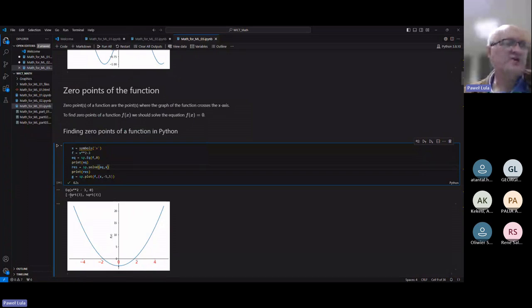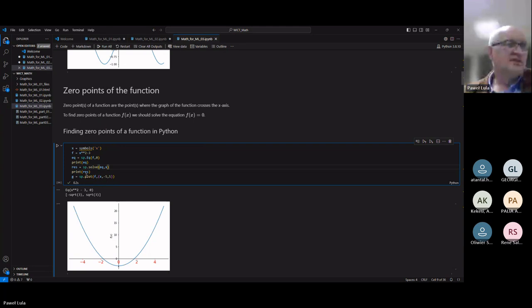And I printed it. So you see here that we obtained two results: minus square root of 3 and plus square root of 3. Minus square root of 3 is here, plus square root of 3 is here. Of course, it is a solution which was obtained using symbolic calculations. So it is not numerical, but symbolic calculations.